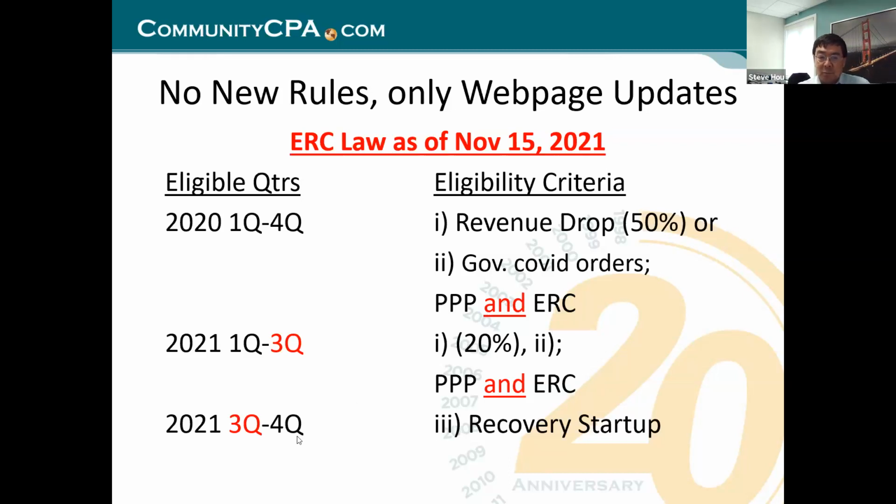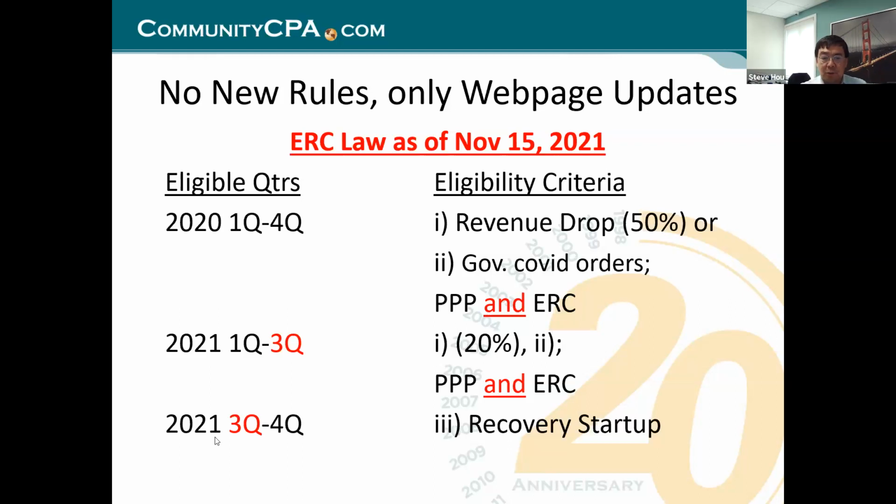Okay, and then for the third quarter and the fourth quarter, you could also qualify if you are a recovery startup business, which I talked about earlier. These are businesses that started after February 15, 2020, and the annual revenue, in fact I should say annualized revenue, was less than or equal to $1 million.